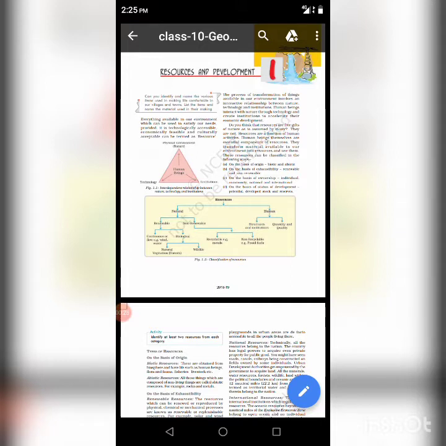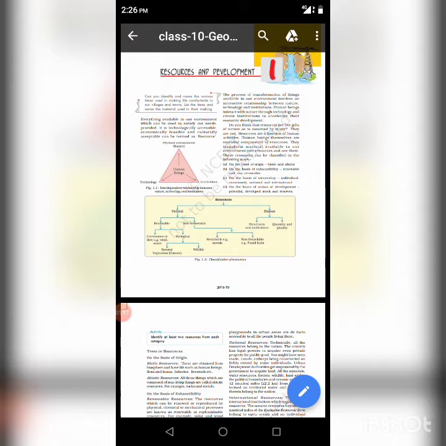Everything in our environment which can be used to satisfy our needs and is technologically accessible, economically feasible, and culturally acceptable is termed as resources. Human beings themselves are essential components of resources. They transform materials available in the environment into resources and use them.